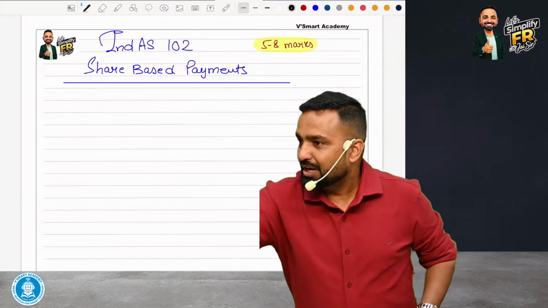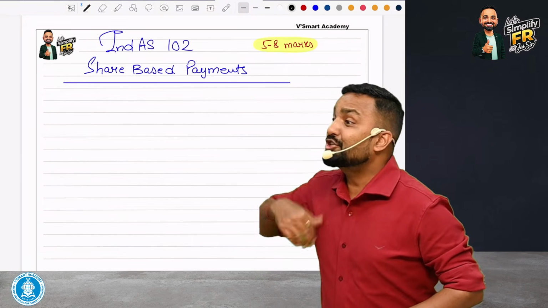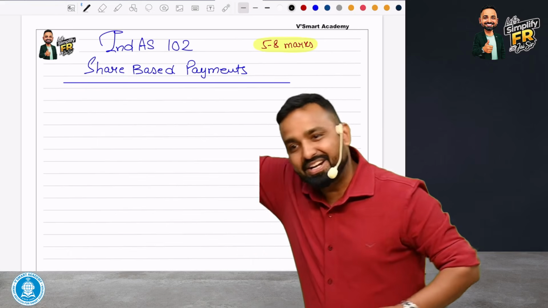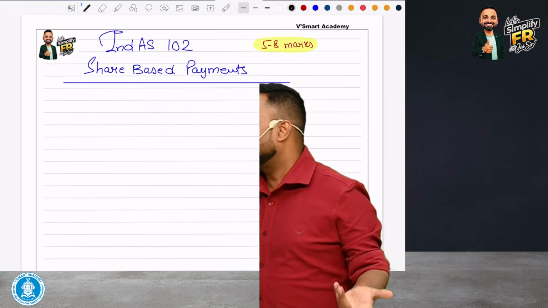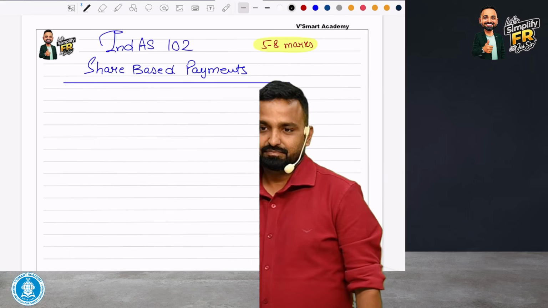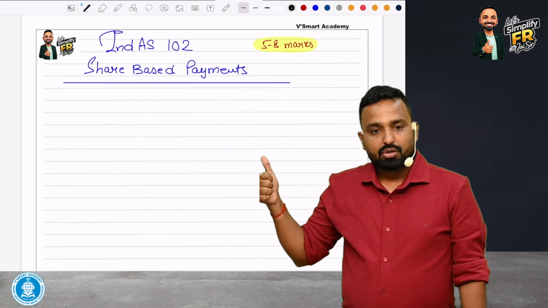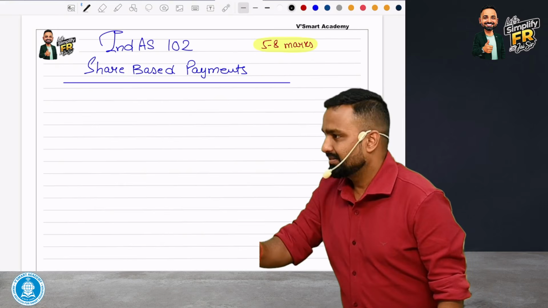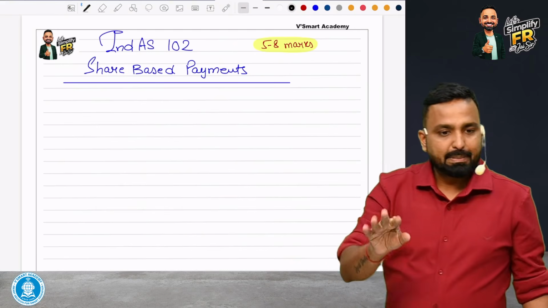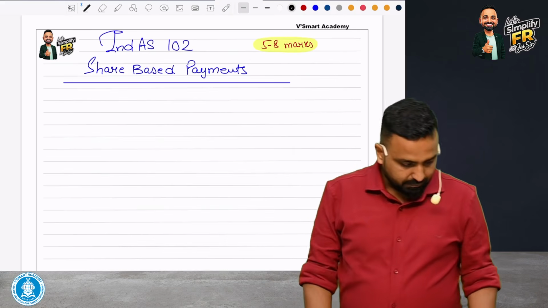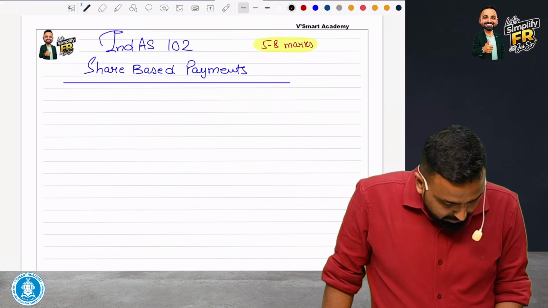If I acquire your company and I am issuing shares, it is also a share-based payment, na? But its accounting is different in a different Ind AS. Understood or not? Very logical. So 2 exceptions are there: one right issue and one business acquisition simply. Making payments against business acquisition. Understood or not? Very good.